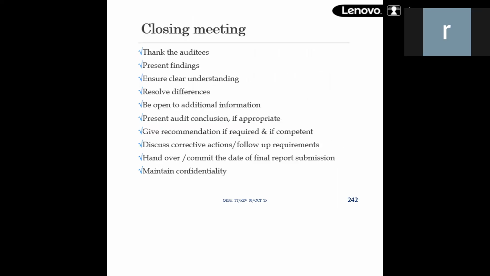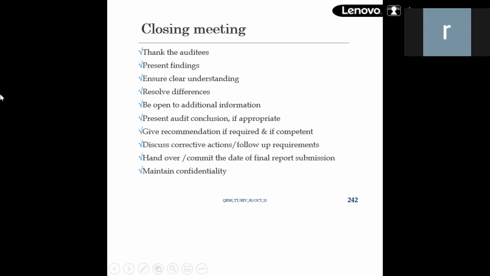Okay, so the closing meeting: you take the audit findings, ensure clear understanding and resolve differences, be open to additional information, and present audit conclusions if appropriate. They can give a recommendation if required or if competent, because some auditors may not know how to give the solution.